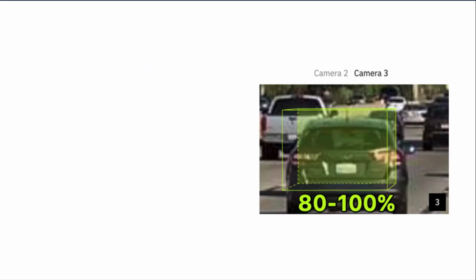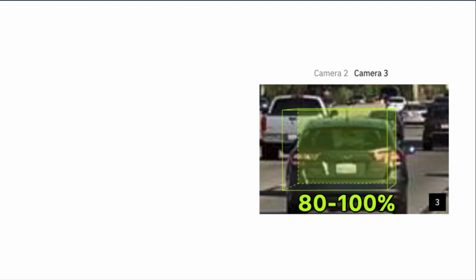In that other example, one frame may have had an occlusion level of 0 to 20%, but in this frame it's 80 to 100%. So we need to adjust the occlusion based off of each view, each frame.